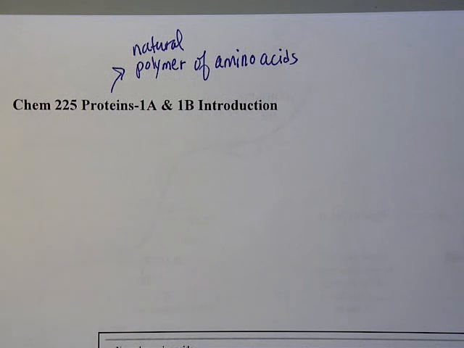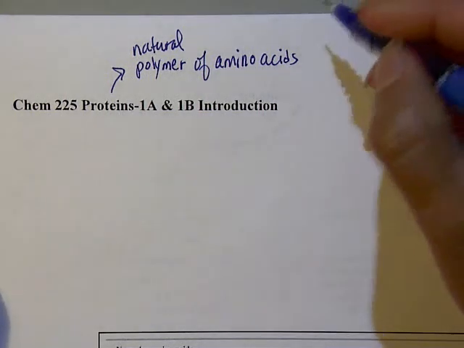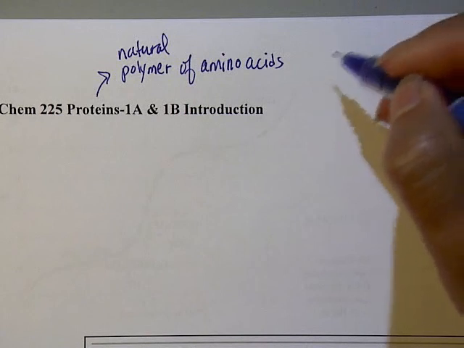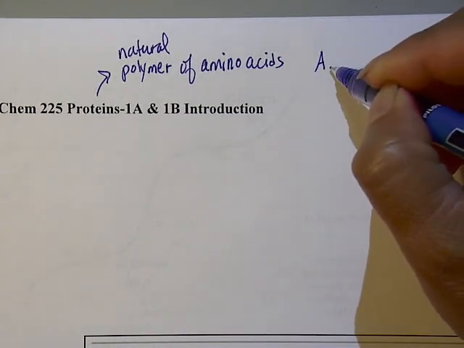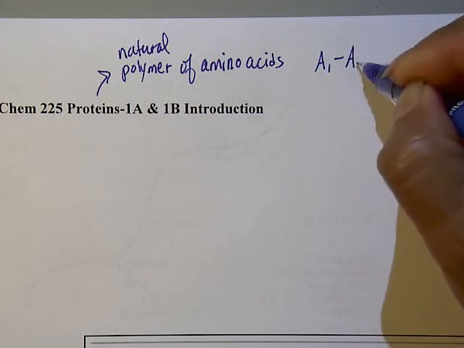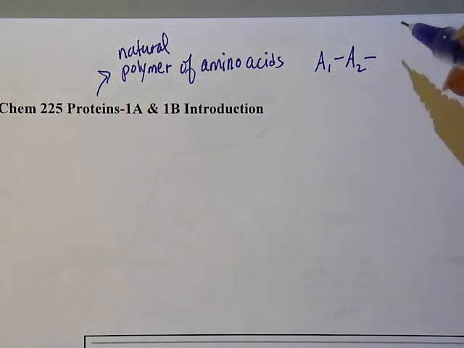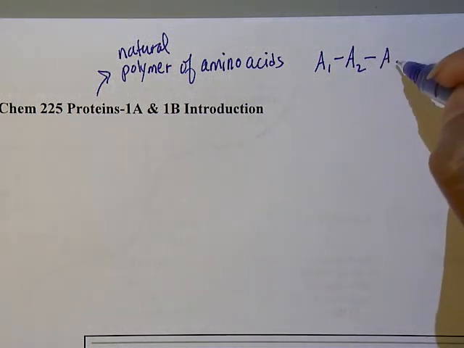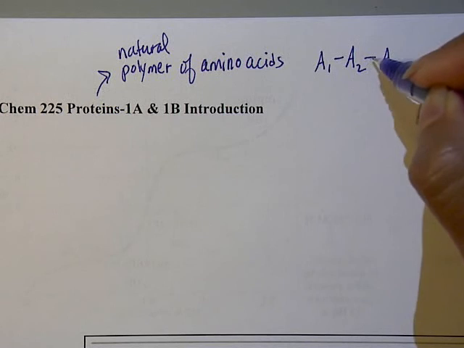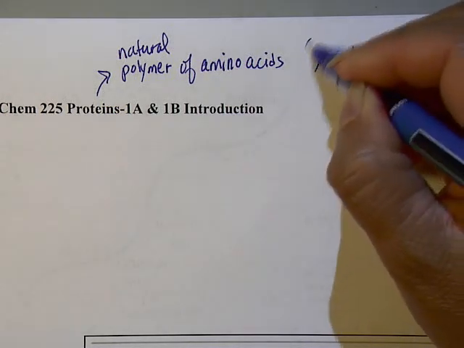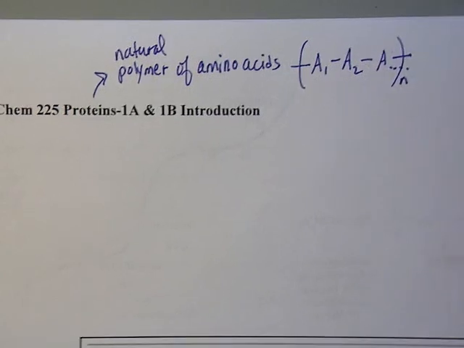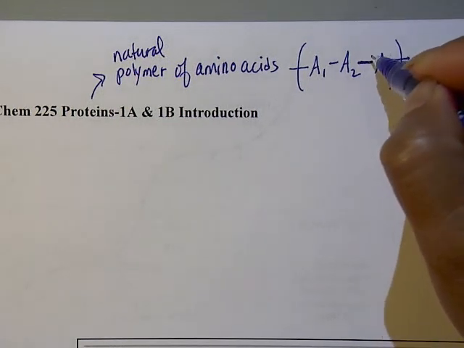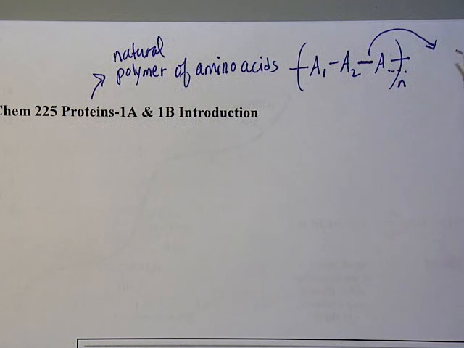All right, so if you just approximately draw out what it would look like, let's say amino acid 1 is represented by A1, amino acid 2 is represented by A2, etc. So these amino acids are linked through a bond, and this bond that connects them is an amide bond.